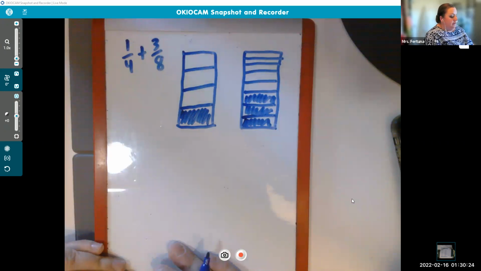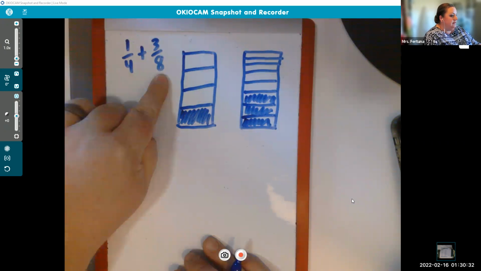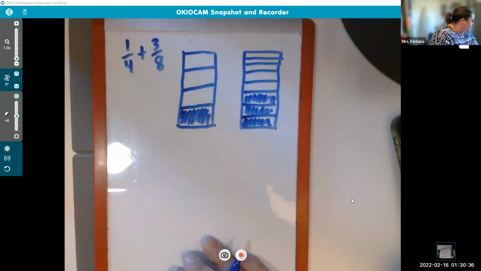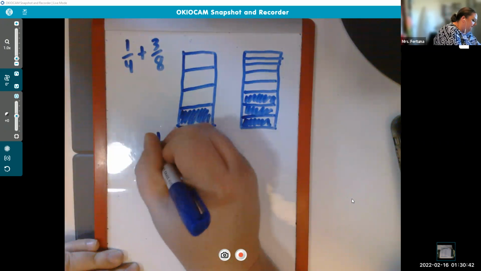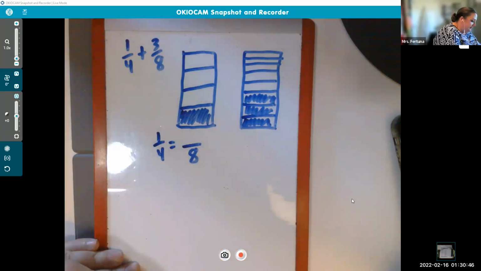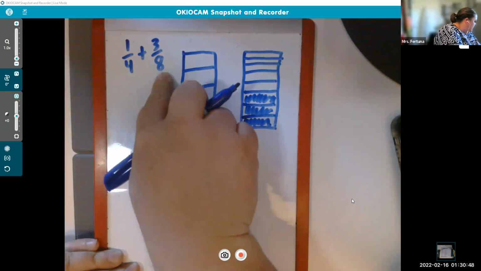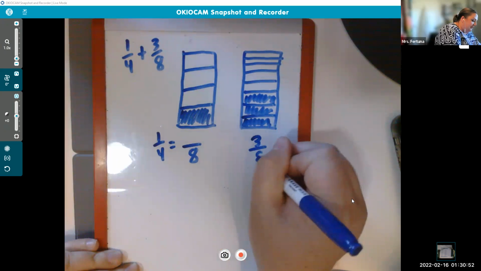But when we add fractions together, we need to make sure our fractions have the same denominator. So I'm going to show you. We want to try to figure out how we can show this 1/4 with a denominator of 8, to match the 3/8 that we have on this side.